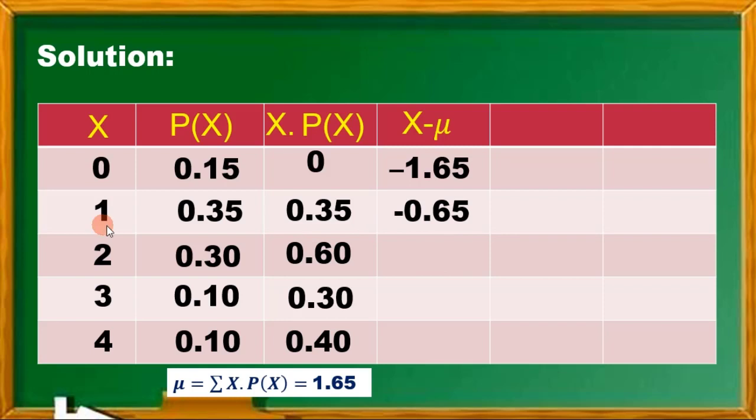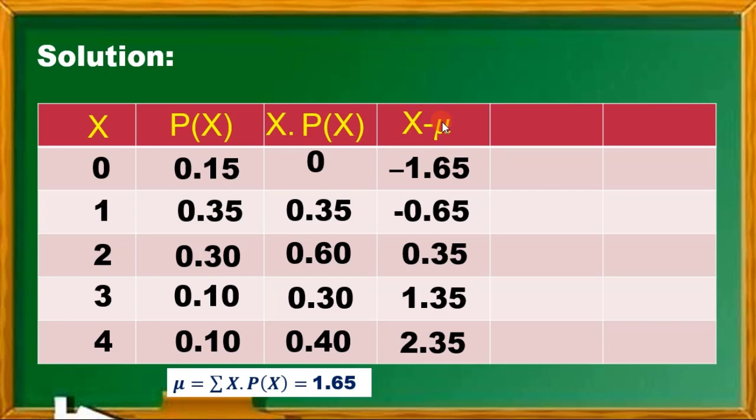Then we have 1 minus 1.65, that is negative 0.65. Then 2 minus 1.65, that is 0.35. Then 3 minus 1.65, that is 1.35. For 4, we have 2.35. So we're done with this column, the x minus mu column.